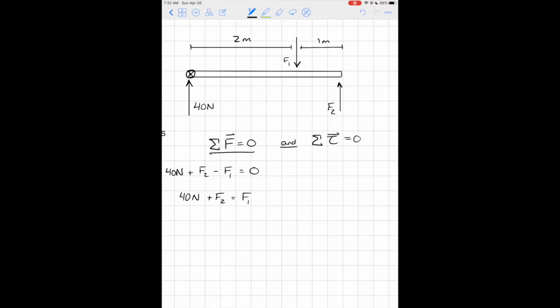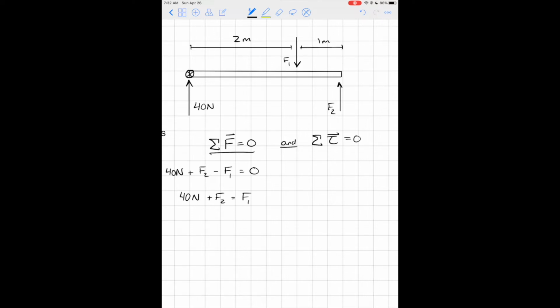I think those make the most sense. Of course, I could place the pivot point elsewhere, but that's not saving me any work. It's not laziness, it's efficiency. We're trying to be efficient here.